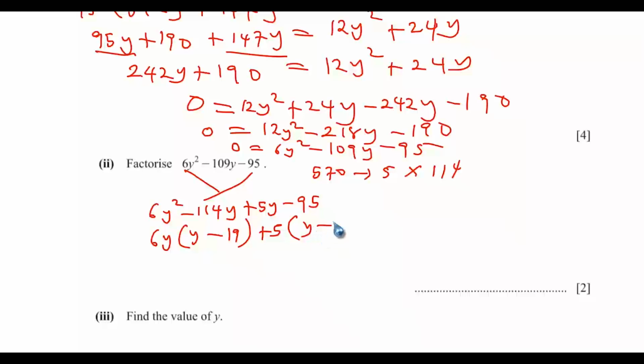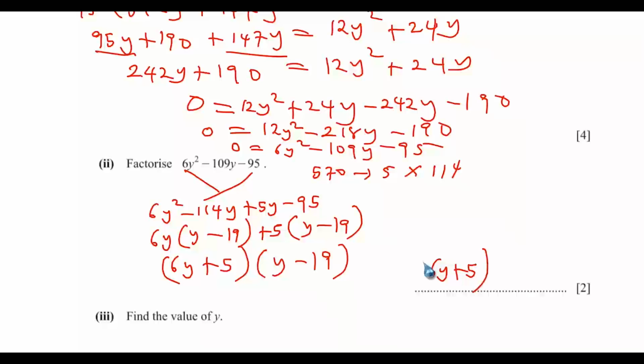That will also give you 19. So we can now have 6y plus 5 into y minus 19. So this is how to factor it.